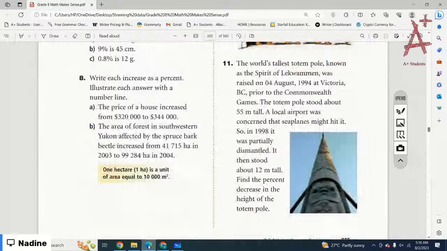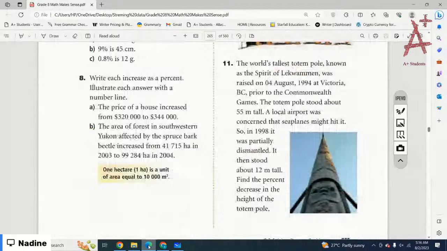A local airport was concerned the seaplanes might hit it. So in 1998 it was partially dismantled. It then stood about 12 meters tall. Find the percent decrease in the height of the pole.